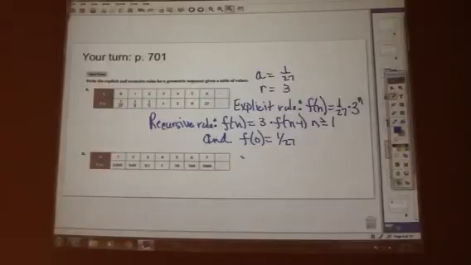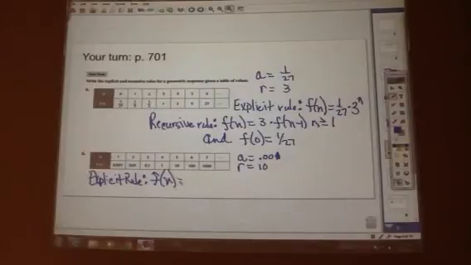Number 5. What does A equal? 0.001? What does R equal? 10. My explicit rule would be what?